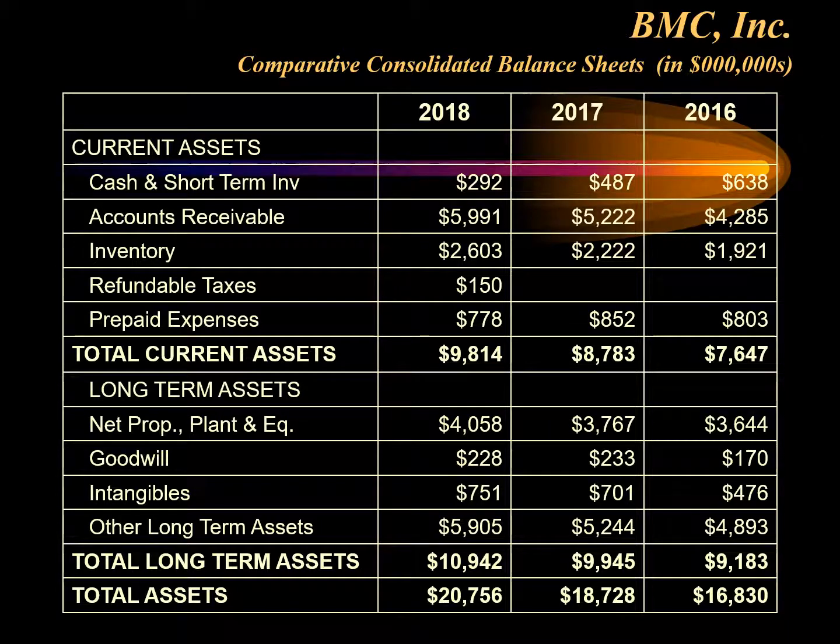So for the majority of companies, it's current assets, or assets that are going to be used up within a year, but for some companies, usually companies that manufacture very, very large equipment, it could be longer than a year based on their operating cycle.